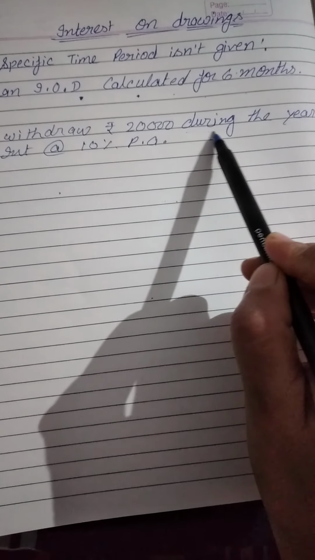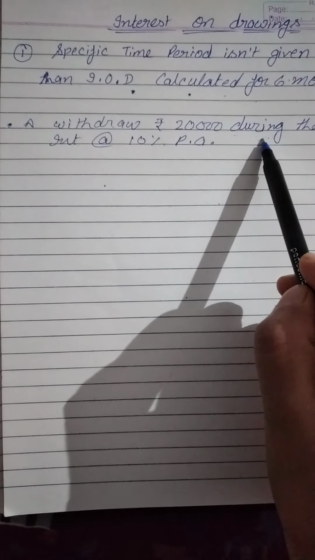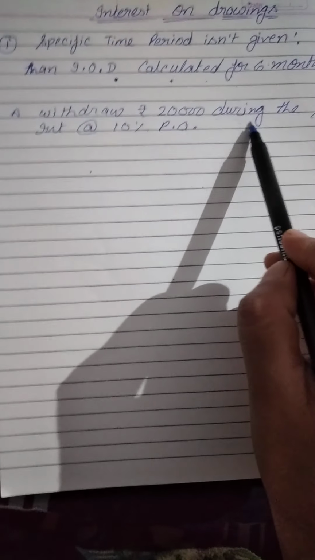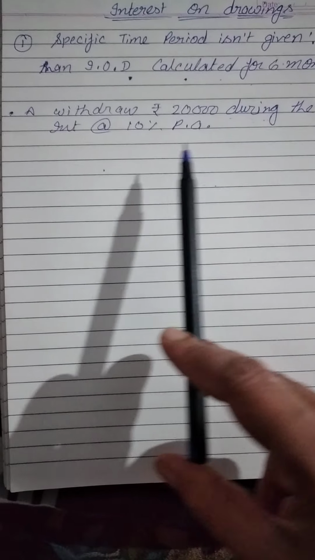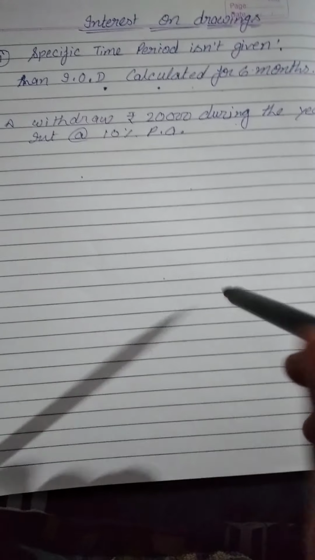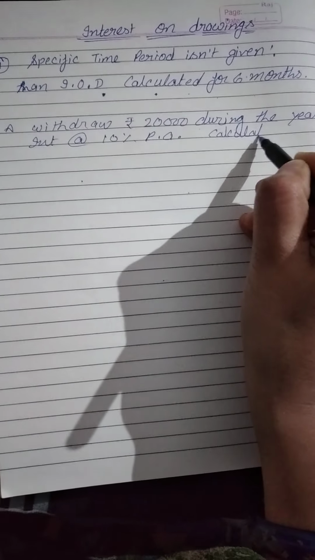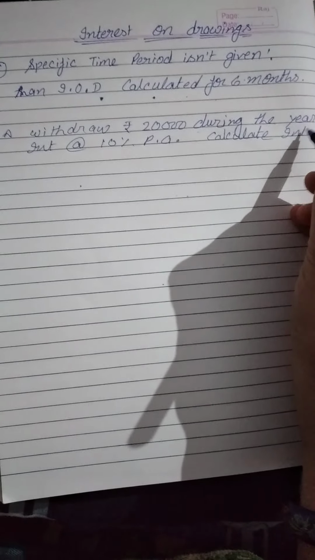The time period is not specified, that is, whether he withdrew on 1st January, 1st March, or 31st April is not given in the question. So we have to calculate interest on drawing for 6 months.